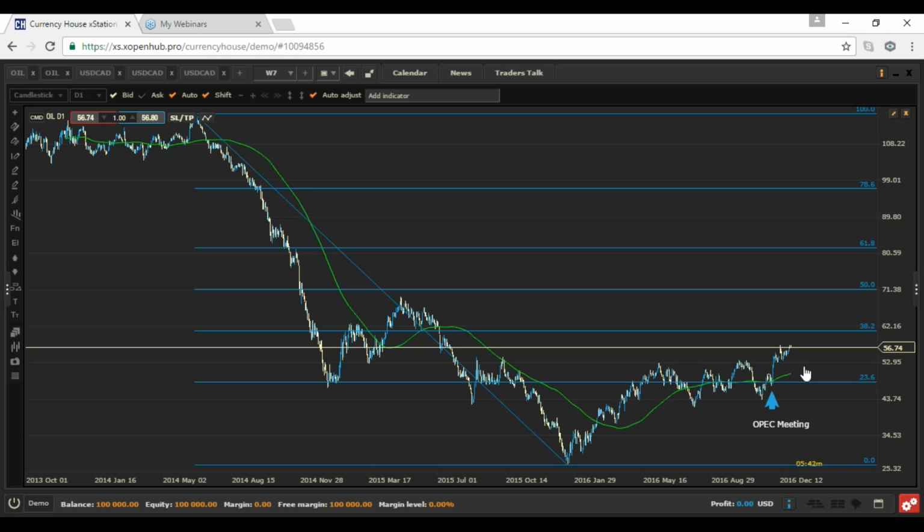So this asset is not that easy to trade. This asset is rather complicated, but still at the same time, just imagine the huge volume of trading of oil.